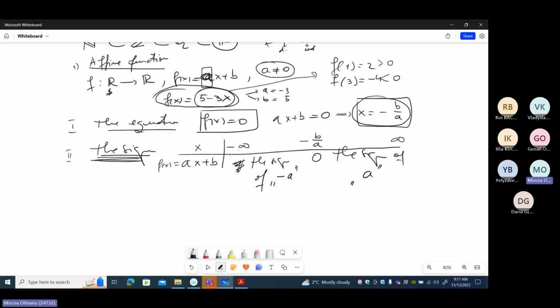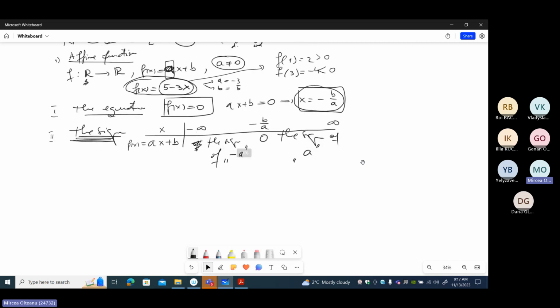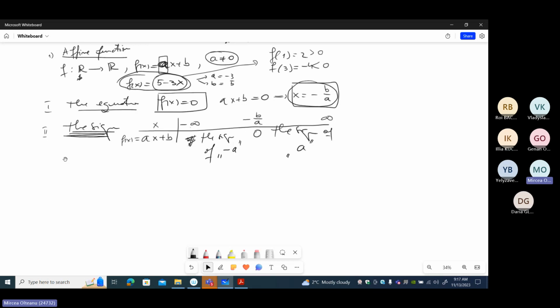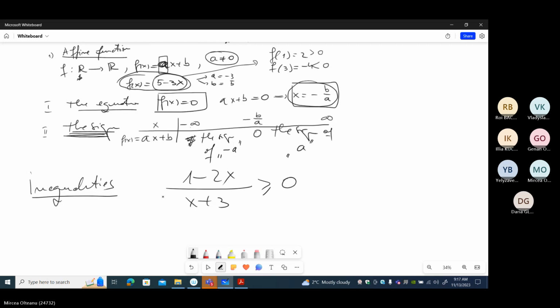Okay, we shall see applications of this sign rule. For example, if we want to solve inequalities, for example, 1 minus 2x over x plus 3 greater or equal than 0. This is an inequality.